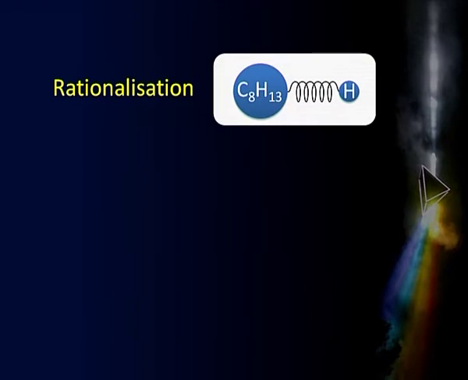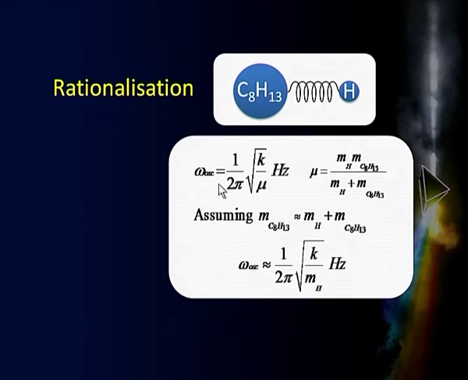How do we rationalize that? We can visualize this molecule of octyne. Octyne, you know, is C8H14. We can visualize that molecule as follows. The bulk of the molecule is C8H13, all the part of the carbon chain and all the respective hydrogens on that. And this is my CH bond over there. That is the point I am trying to focus attention on. Now as you know, the vibration frequency of a vibrating molecule is given by 1 by 2 pi square root of k by mu hertz, where mu happens to be the reduced mass.